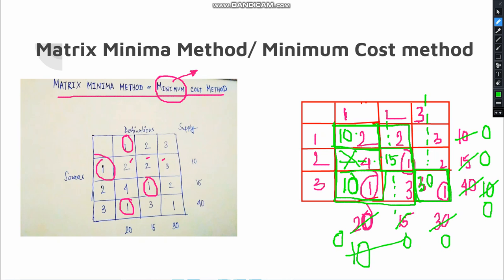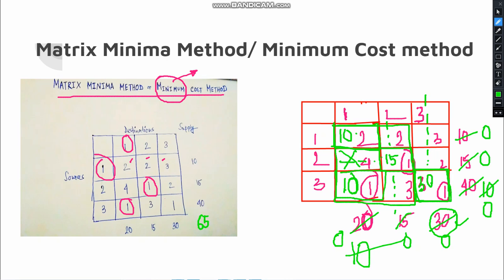So 10 plus 10 becomes 20, 15 is 15, no problem with that. 30 is 30. All these allocations are completed, and it also satisfies the supply and demand characteristics. As I was dealing with the same problem, I didn't make the calculations.